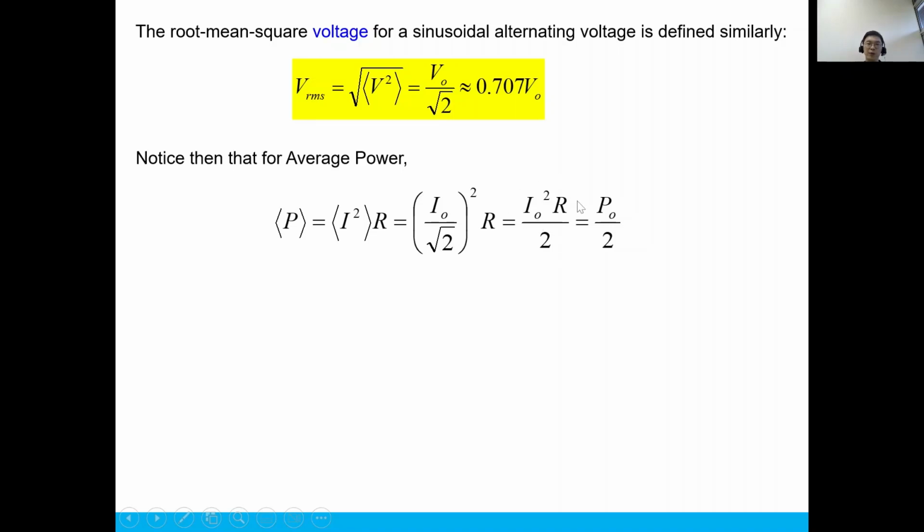And if you look at the numerator carefully, I naught squared R is essentially the peak current squared times R, which gives you the peak power. This is the peak instantaneous power, the highest instantaneous power that you can get. Essentially, the average power of an AC over a long period of time is half of the highest power at one point in time.